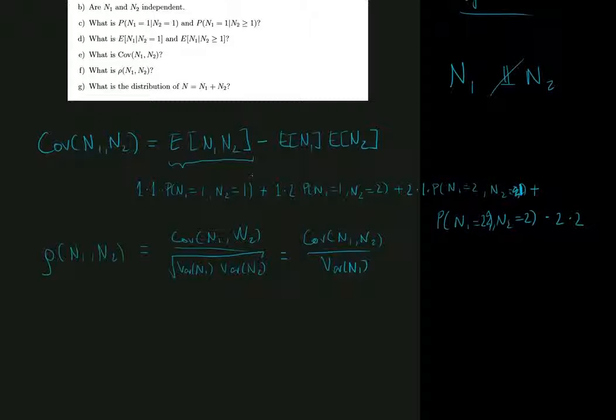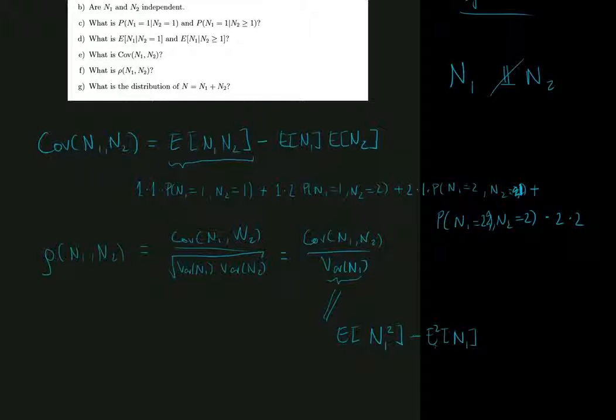So the next thing that we need to do is to find the variance of N1. And in order to find the variance of N1, let us just recall that the variance is equal to the mean of N1 squared minus the square of the mean of N1.